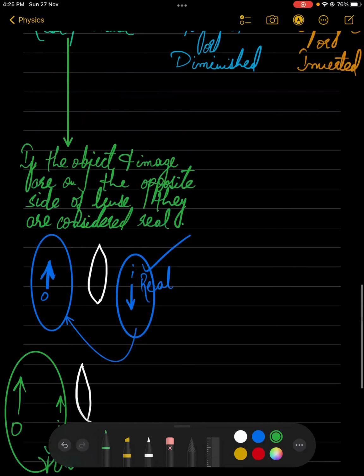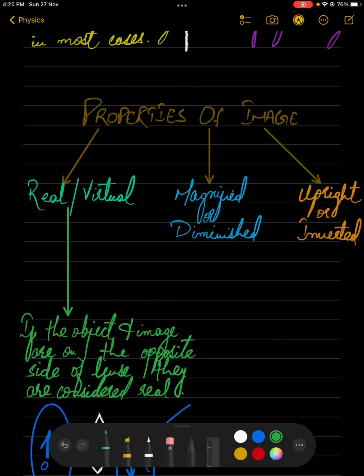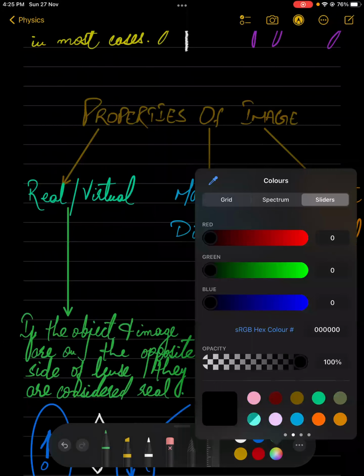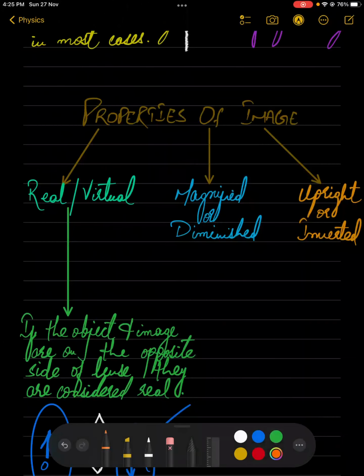Now moving back to our magnified and diminished condition. तो अब हम चलते हैं अपनी नेक्स्ट प्रॉपर्टी पे विच इज मैग्निफाइड और डिमिनिश्ड. Now magnified is considered as when the image is larger than object.